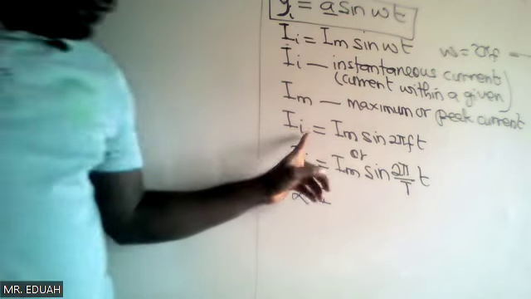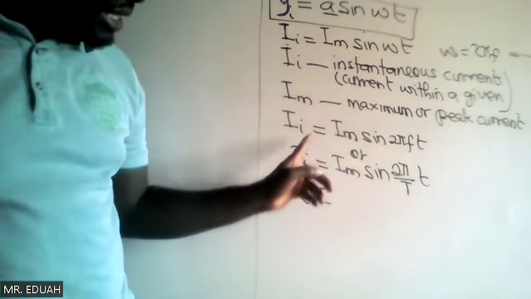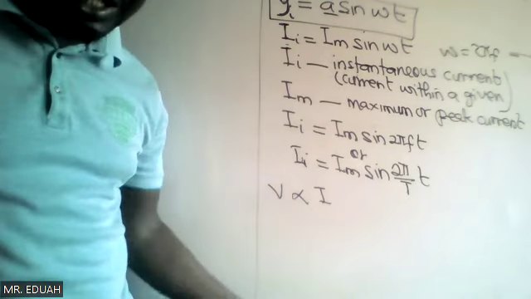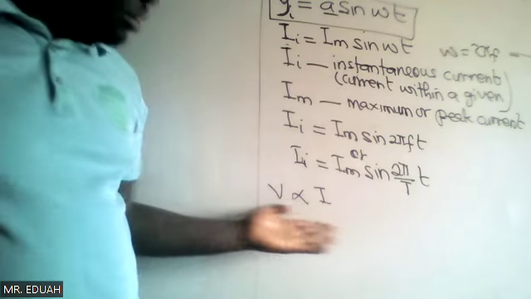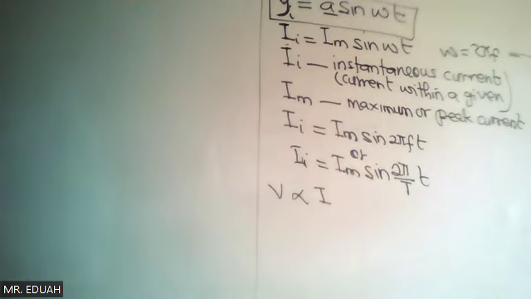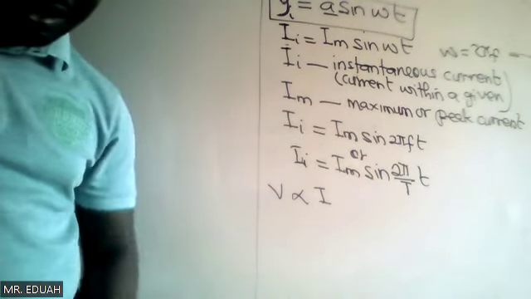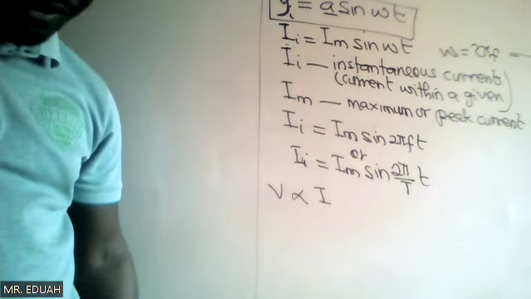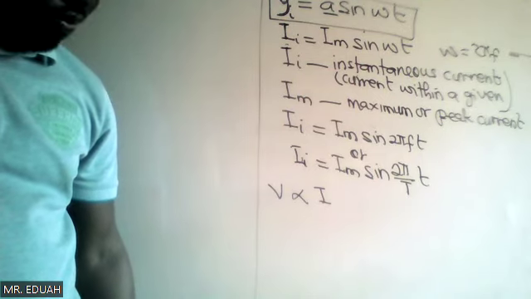So if you have instantaneous currents like this, then there must be instantaneous voltage, which pushes the charges to create the current. Class, are you okay? Yes, sir.